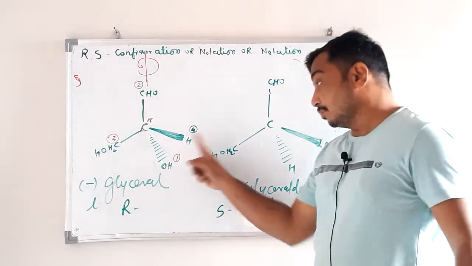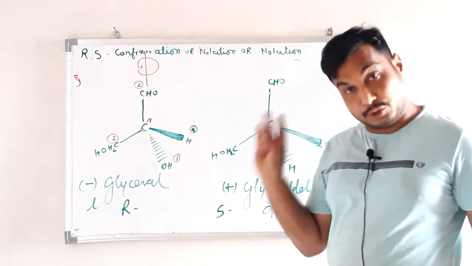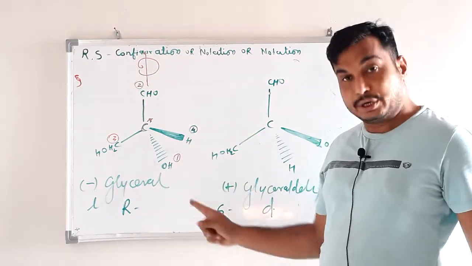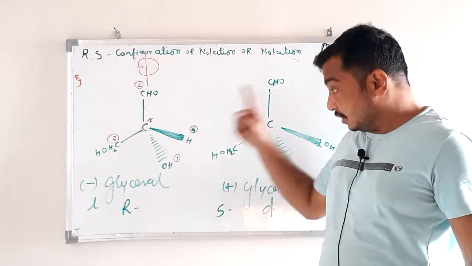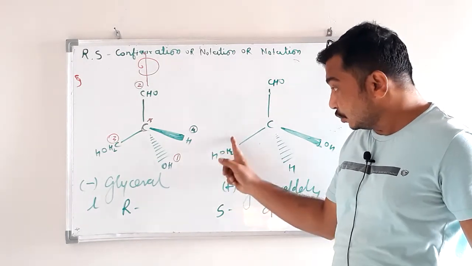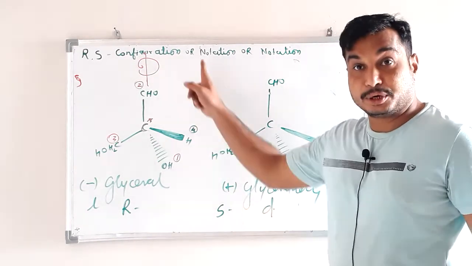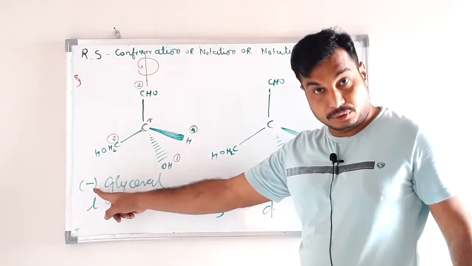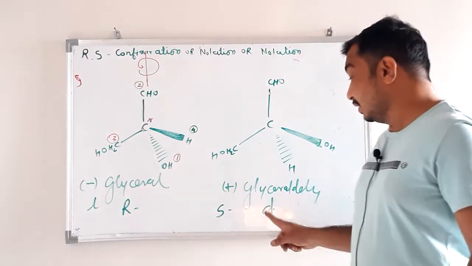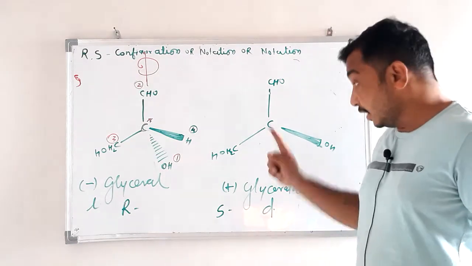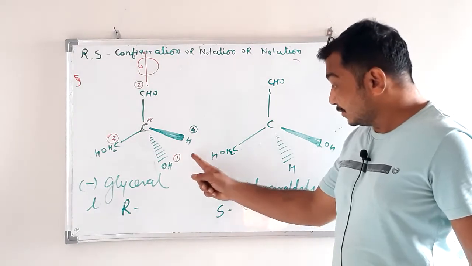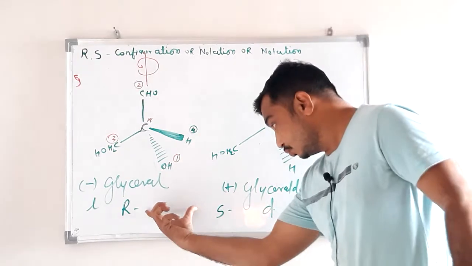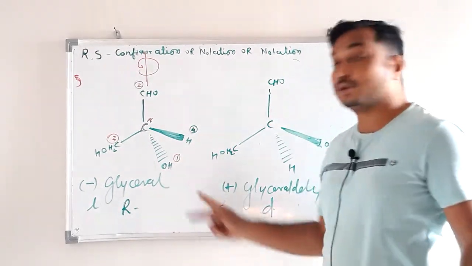See, these two compounds are enantiomers, or stereoisomers. They are stereoisomers. They are enantiomers. Enantiomers are non-superimposable mirror images of each other. One of the isomers is negative, meaning levorotatory, and the other is dextrorotatory. The difference is that if the isomers are enantiomers, then these two isomers have opposite configuration.